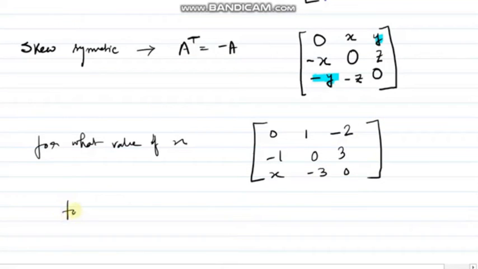So you will write, for skew symmetric matrix, A transpose has to be equal to minus A.